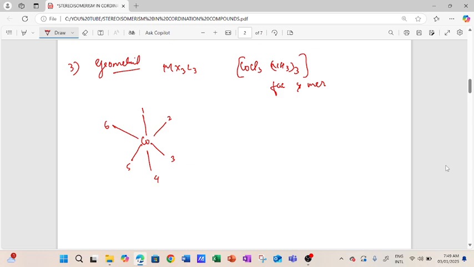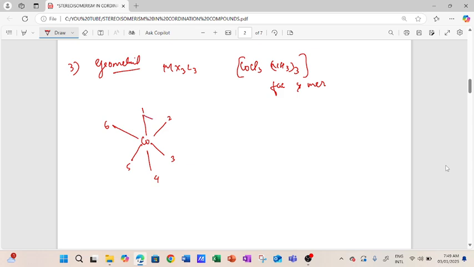How many faces does an octahedral geometry have? First you need to understand that. There are 6 corners, so it forms 8 faces, because the central plane is a square planar geometry. From that you get 8 faces, and each face looks like a triangle.